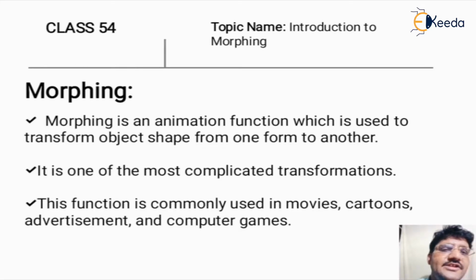Morphing is an animation function which is used to transform an object's shape from one form to another. In morphing, we are generating a sequence of images and applying the morphing approach, so that one object behaves like a second object.